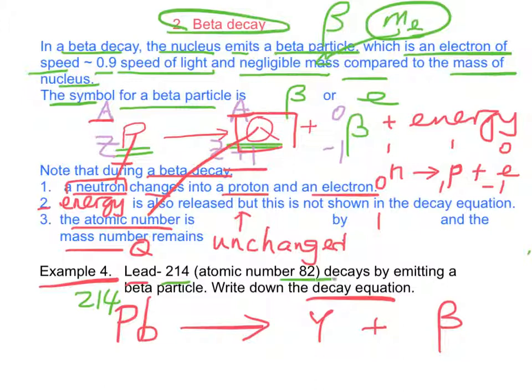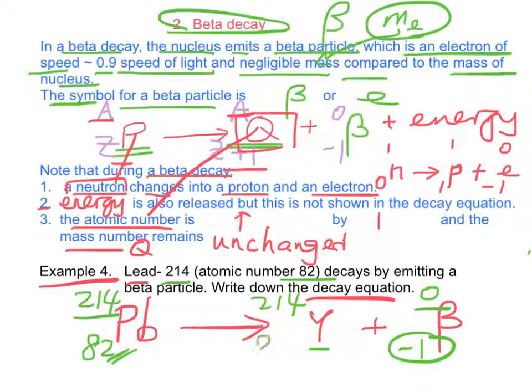Atomic number of lead is 82. Mass number of beta is 0. And atomic number of beta is -1. Balancing the equation, we see the mass number of Y is 214 minus 0, which is 214. Atomic number of Y is 82 minus -1, which is 83.